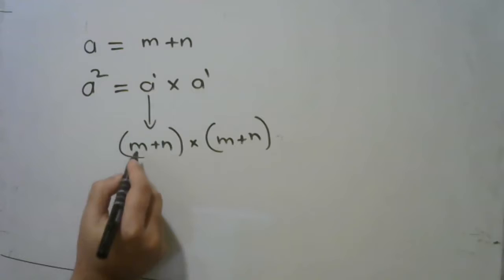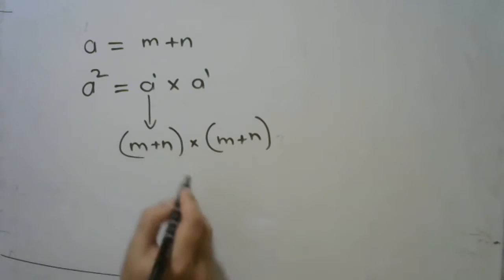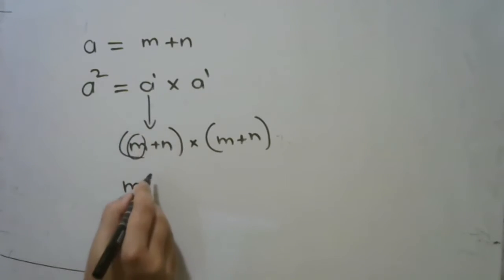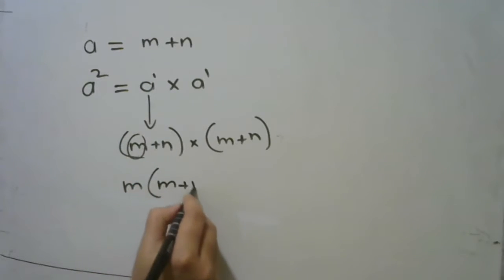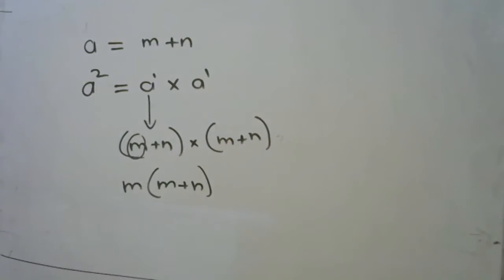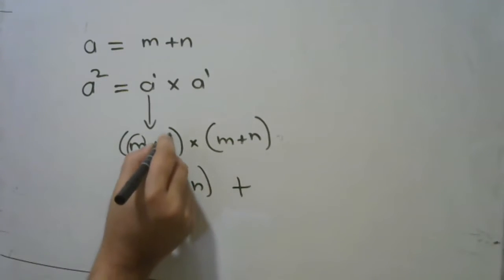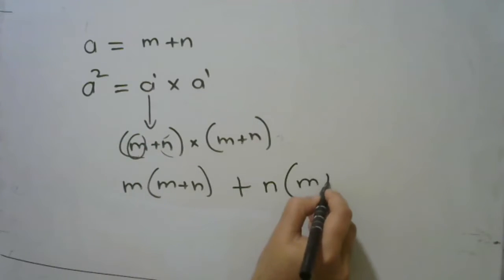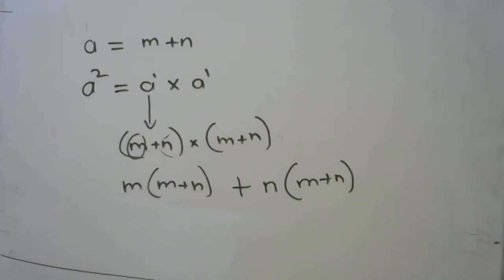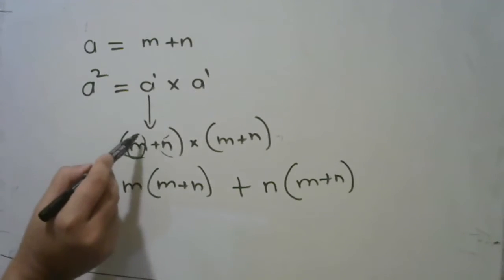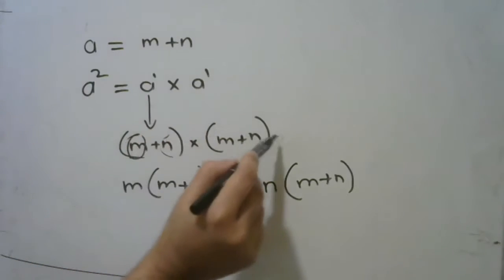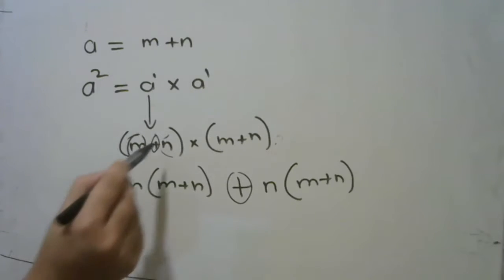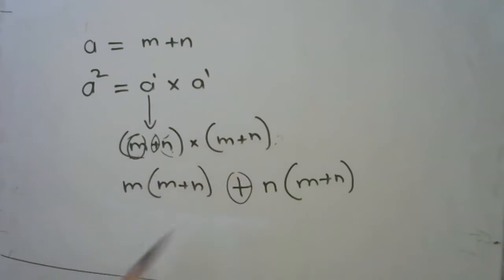Now, it's going to be m, this m here, times m plus n, everything over here, then plus this n into everything over here, m plus n. So you take the m here and you multiply by everything over here. There's a plus sign here, you put the plus sign, then you take the n and you multiply it by everything over here.